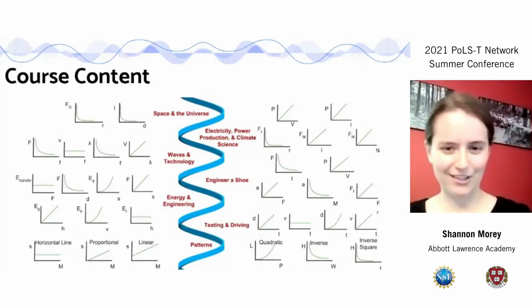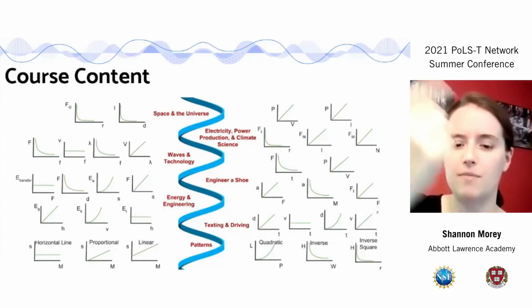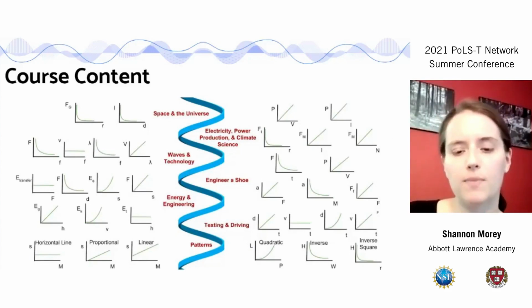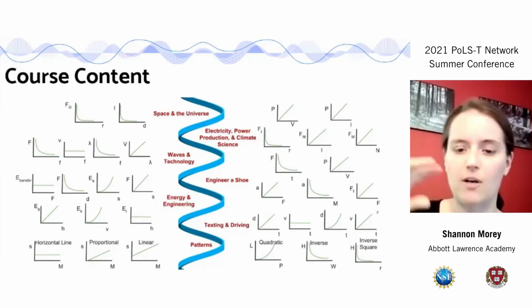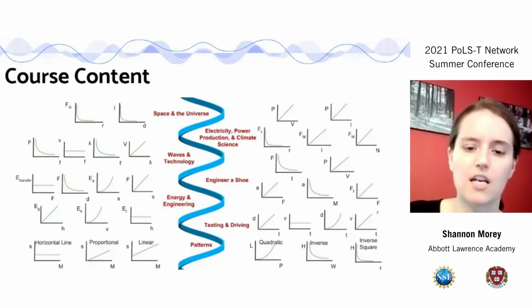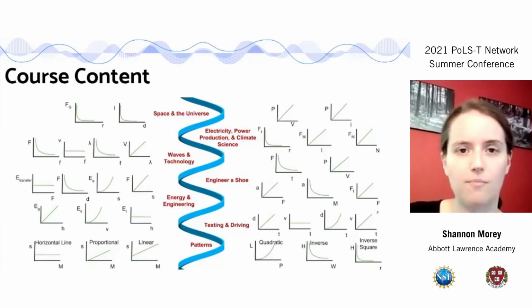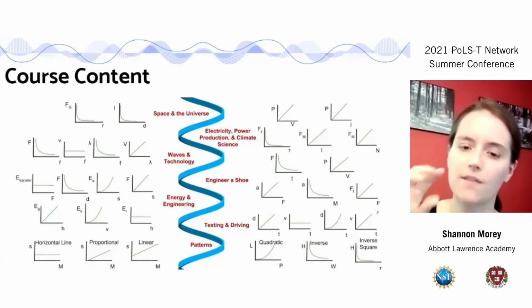What does the course actually look like? As you can see here, it really is a spiral, starting from the bottom and going up, where the first unit is just all about developing student understanding of patterns. And then we start to talk about kinematics with texting and driving, energy and engineering, where students are looking at a bungee jump model, which I'm going to talk more about momentarily.